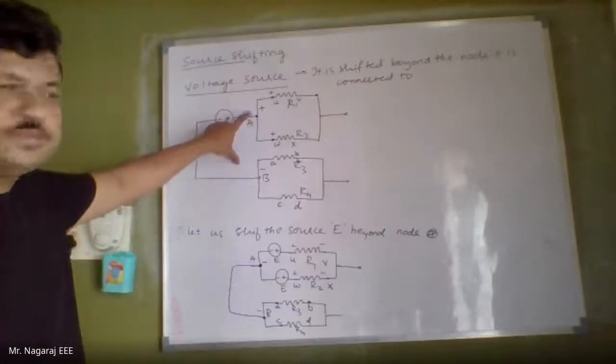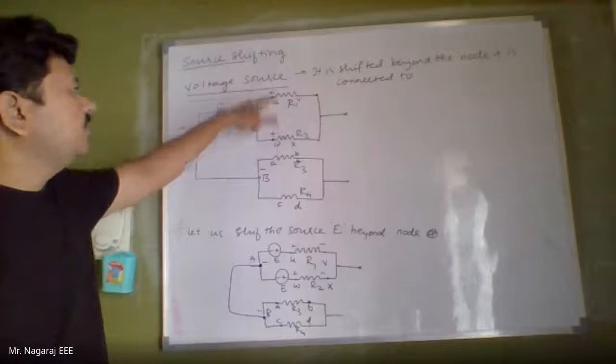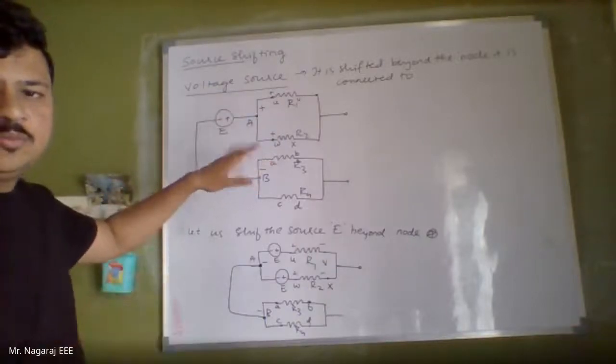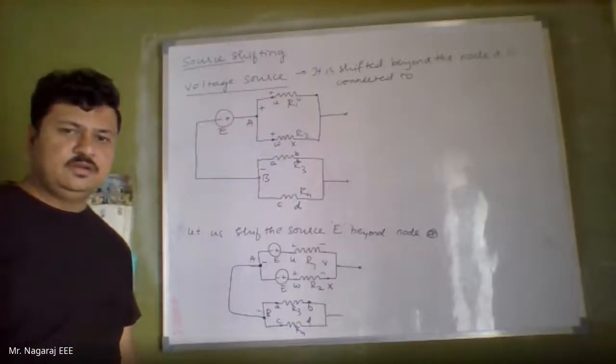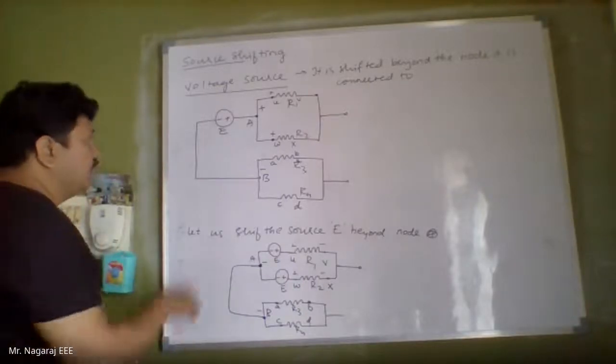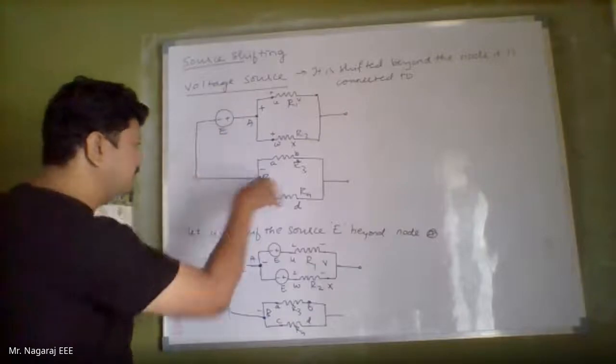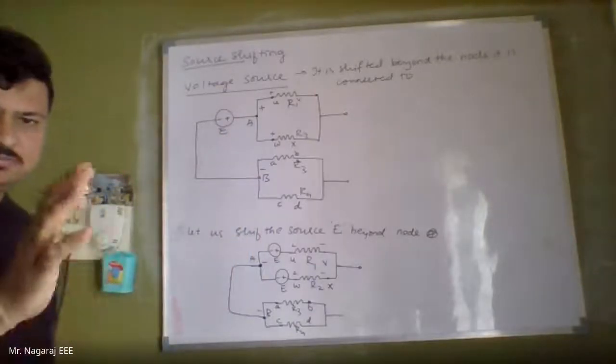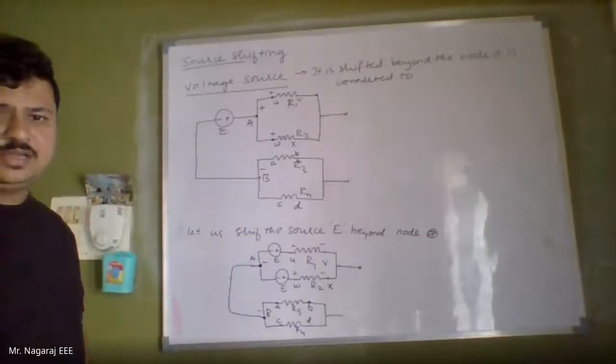Don't worry about the node's polarity. Worry about the component's polarity. If you worry about node polarity, then it will be erroneous. Okay. Now, if I want to shift the voltage source beyond node B, follow the same principle. Okay, this is case 1.